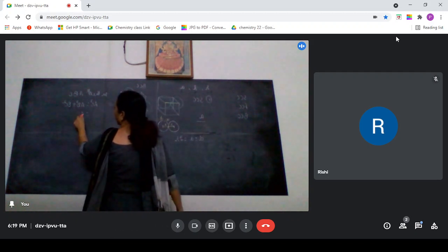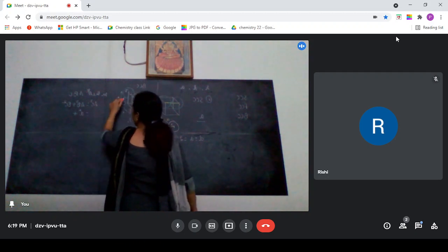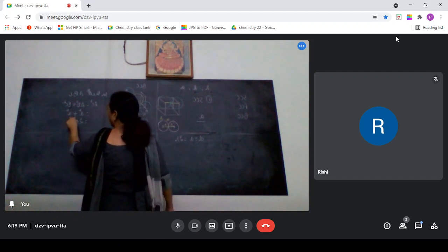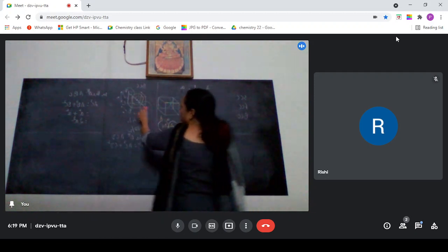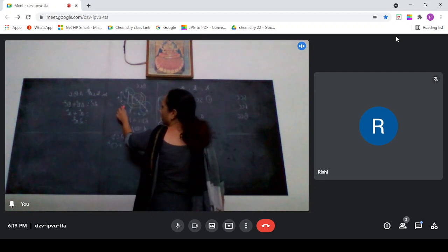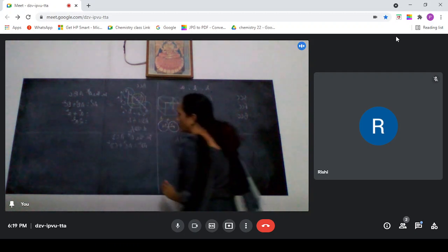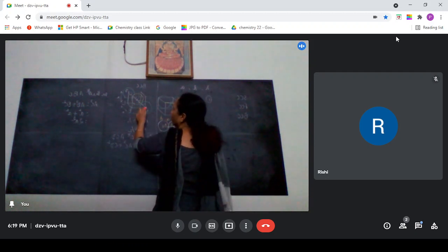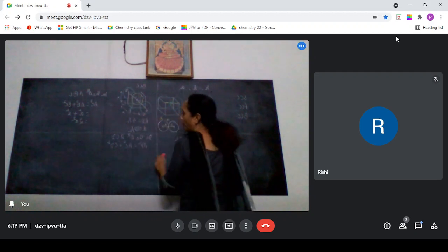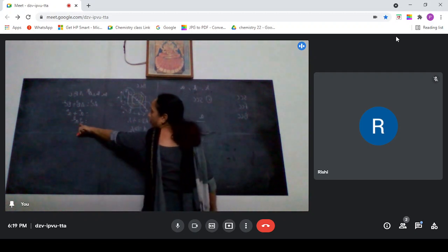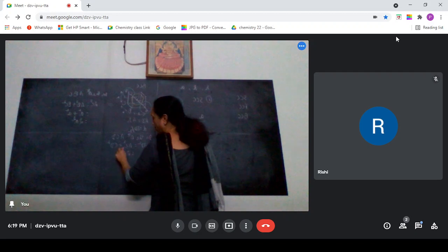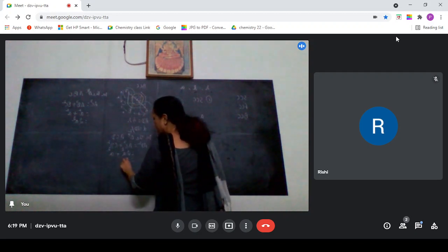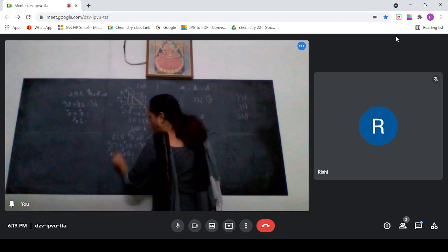AB is A and BC is also A, so AC square is equal to A square plus A square, that is equal to 2A square. Now, coming here, AD square is equal to AC square plus CD square, and AC square from this is 2A square, plus CD is again A square. This is equal to 3A square.